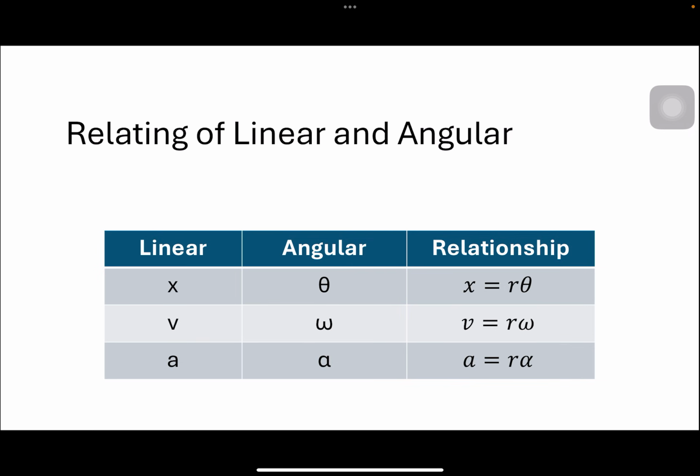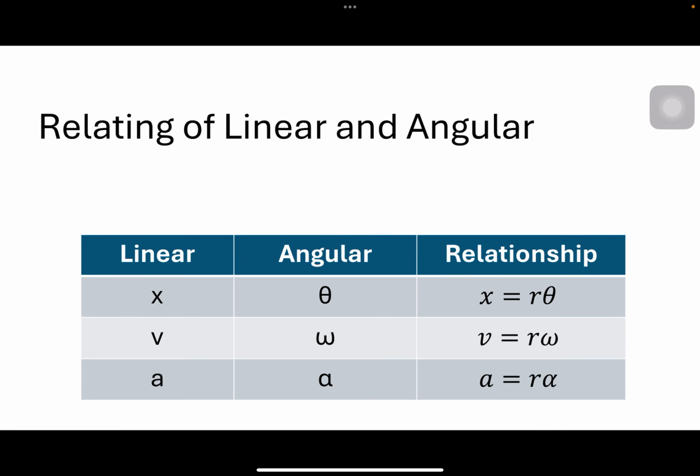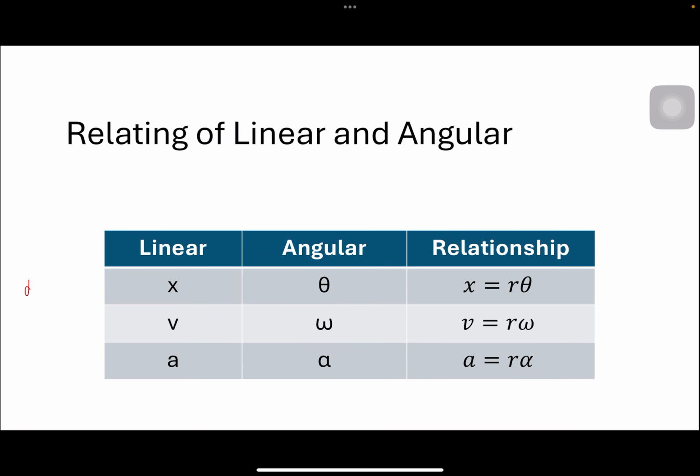We will be relating our linear and angular values. In our linear or translational values, we have x as your displacement, then v for your velocity, and then a is for your acceleration.